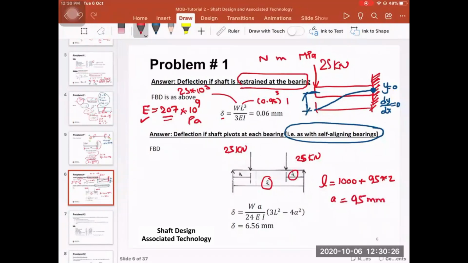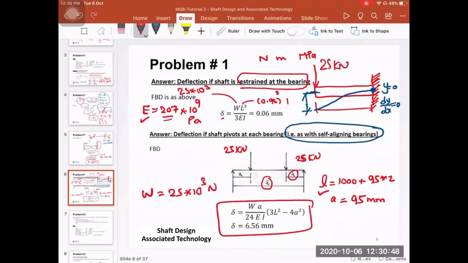Then if you substitute these values into this equation, again, this equation can be found from the deflection of beams table. W here is the weight, which is 25 times 10 to the power 3 Newton. And then, as I said, the length is here. You just keep track of the units.